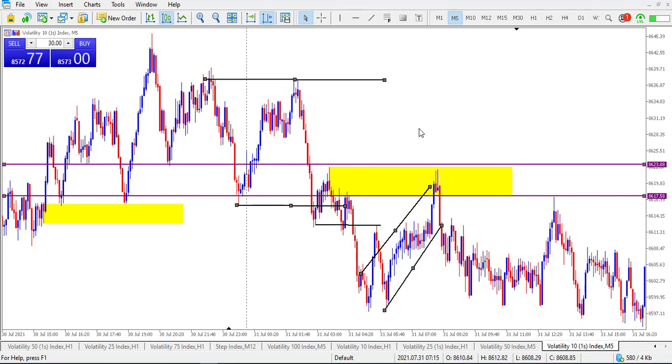So I've just explained how you trade zones and how you set your stop losses and your targets using these zones. I will be explaining again how you set your targets in terms of take profits using this same zone trading mechanism.